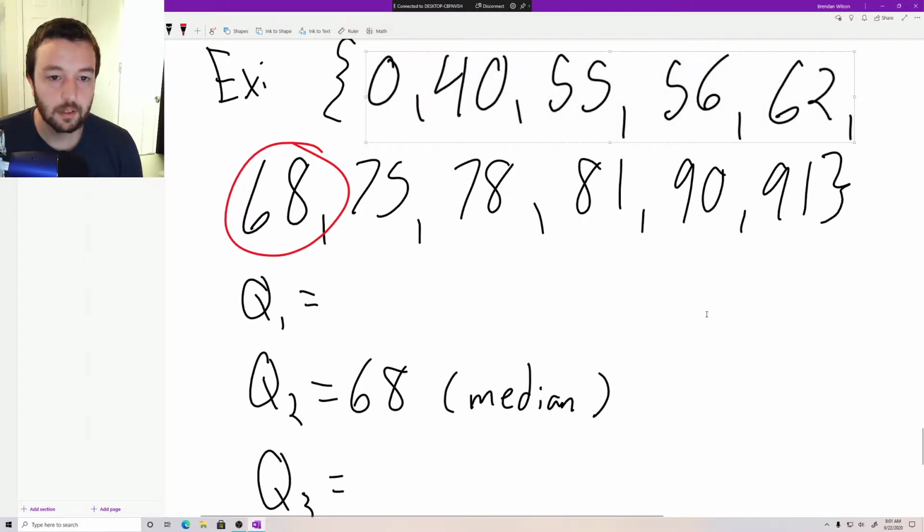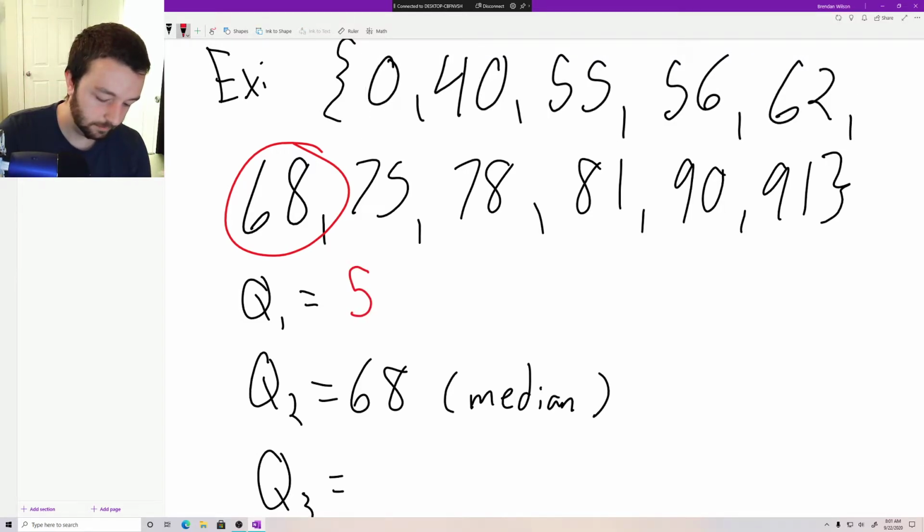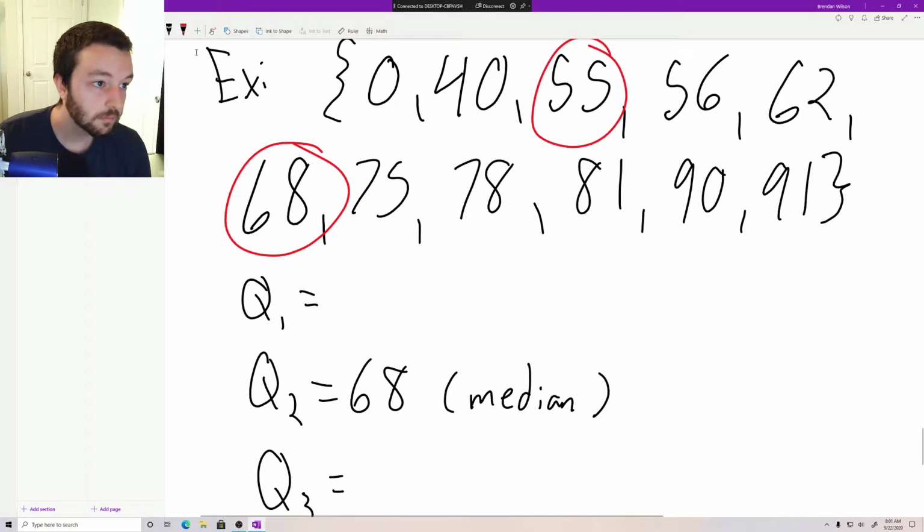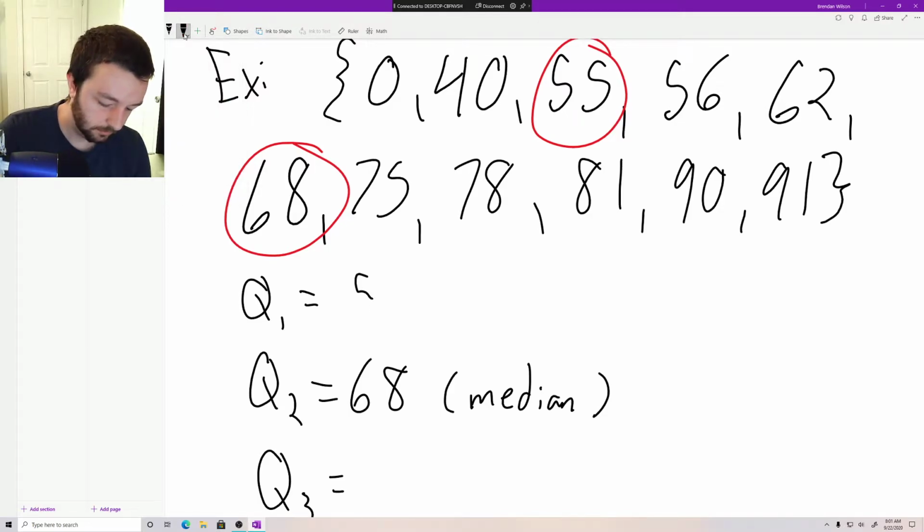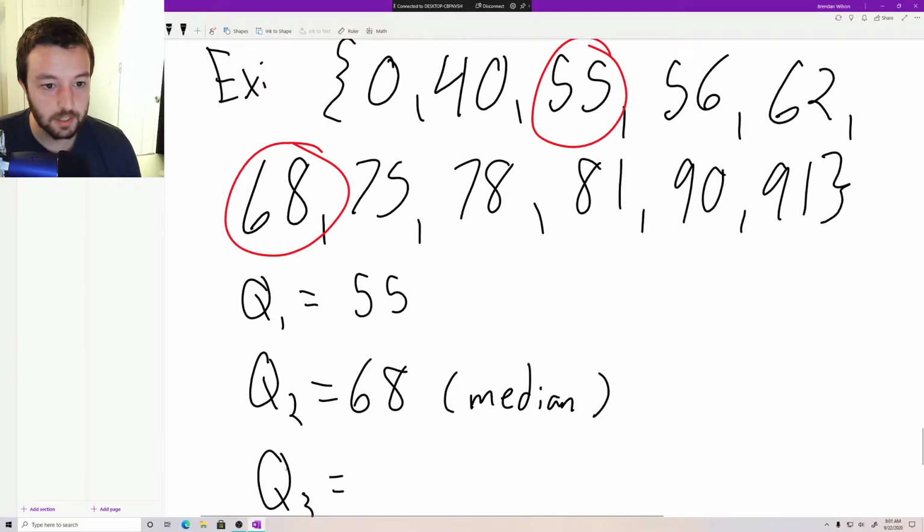Okay. So what's the median of these numbers? Well, there's 5 of them. So if we start at the ends and count in, we meet at 55. So Q1 is 55.